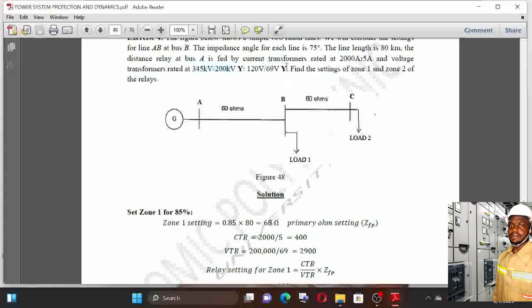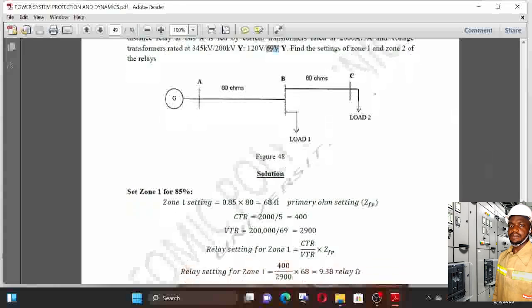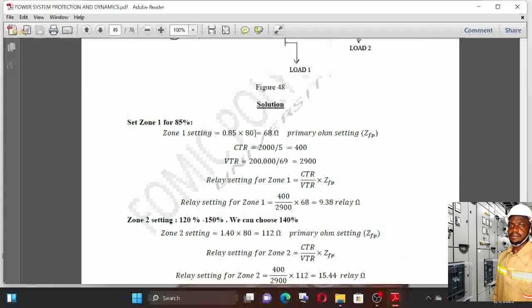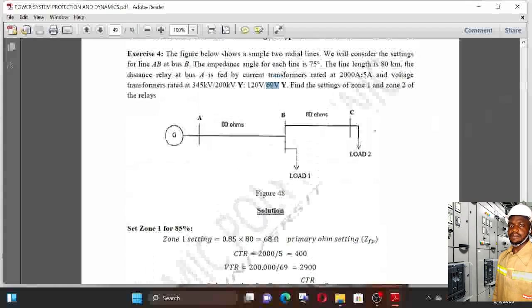Okay, so what if you are given this kind of data to get the transformation ratio? Either you use the primary here and the primary here, or you use the secondary here and the secondary here to calculate its transformation ratio. Simple. Okay, so zone 1 setting for 85%. Normally, we have 85% of the primary impedance setting.